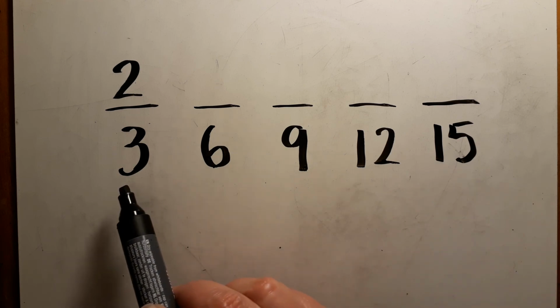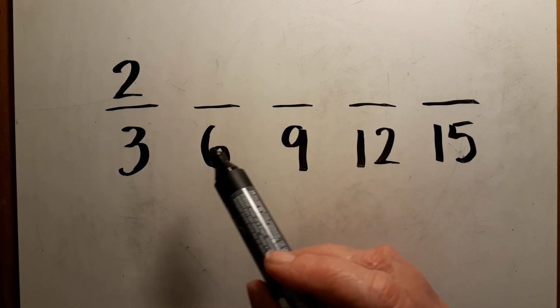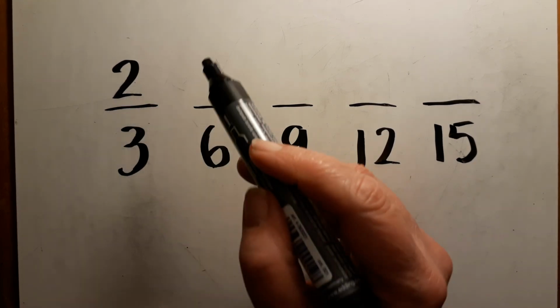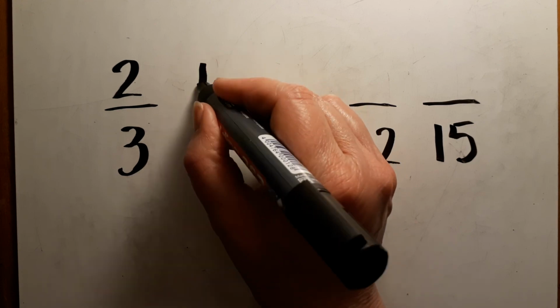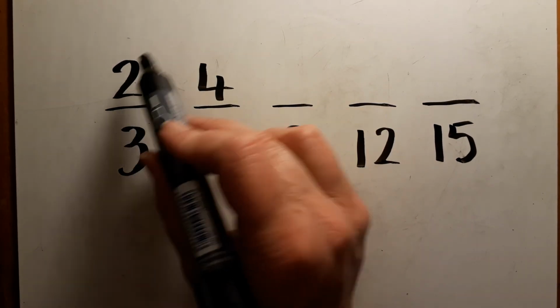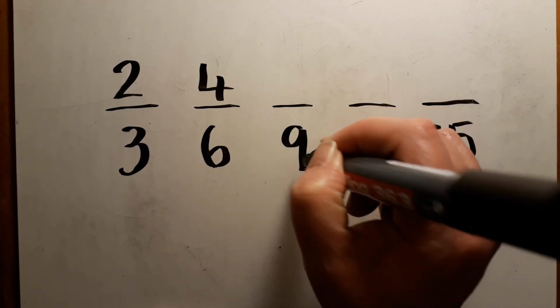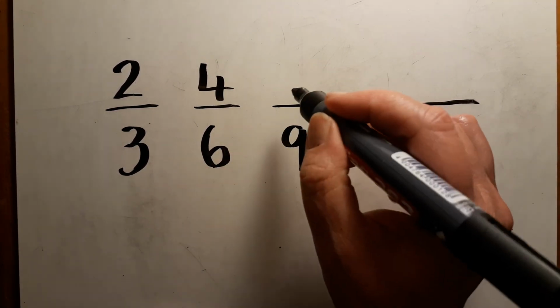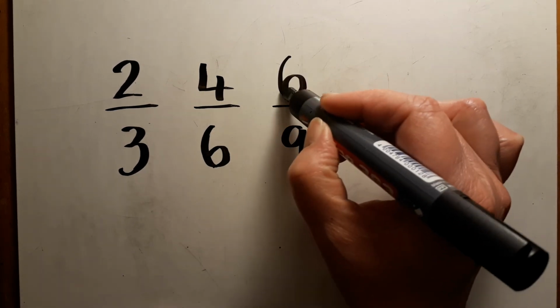So I'm now going to do whatever I've done to the bottom, I now need to do to the top. So 2 times 2 is 4. Because we did 3 times 3 is 9, 2 times 3 is 6.